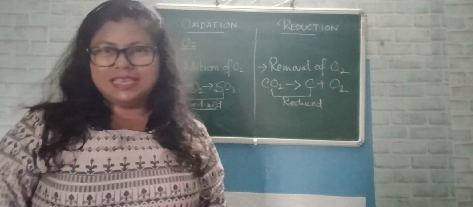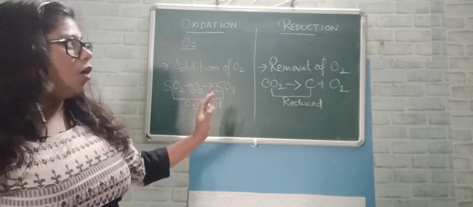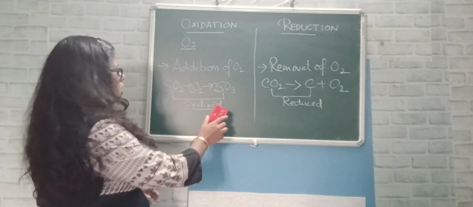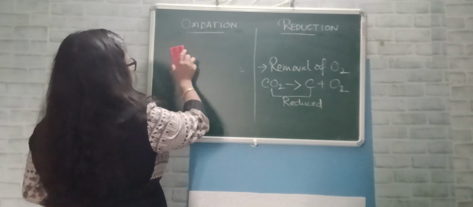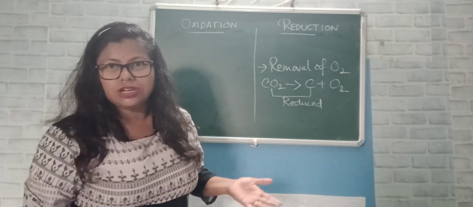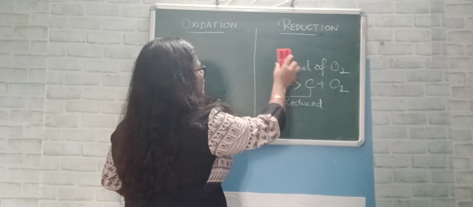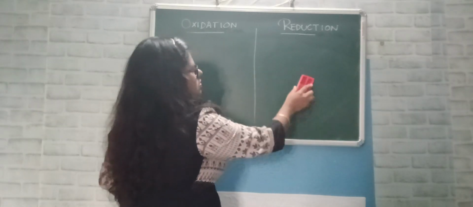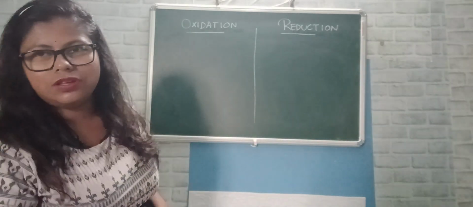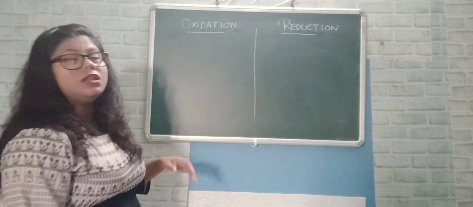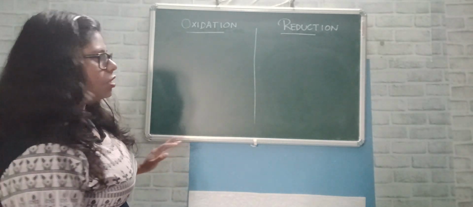Next, we will see in respect to hydrogen how these two processes are different from each other. Whenever you see there is an addition of oxygen, you will understand that this is an oxidation process, and whenever you see there is a removal of oxygen, you will understand that's a reduction process.